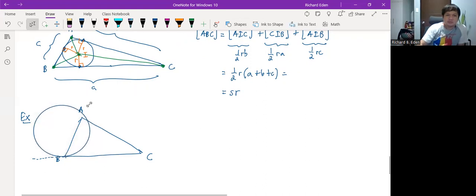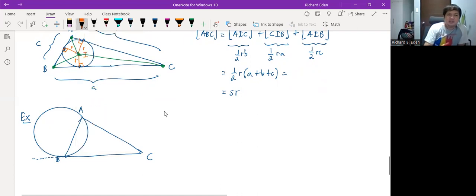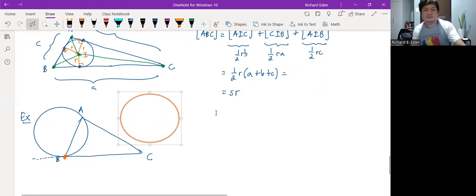Okay, need to make it smaller. And so ano to, point of tangency ng B. Left po.